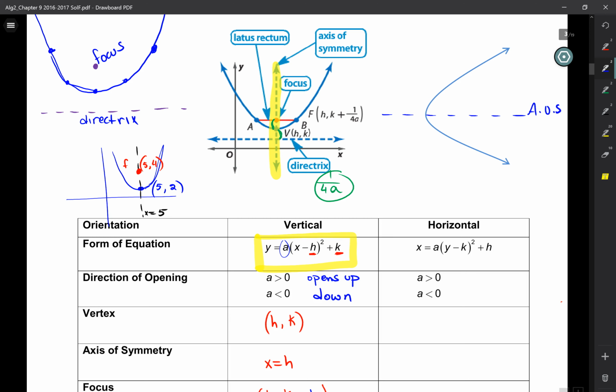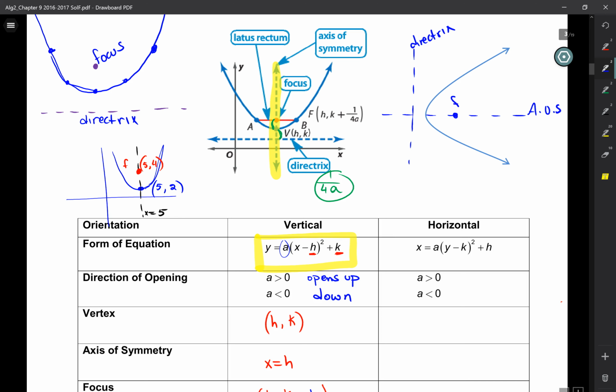So it's not going to be x equals, it's going to be y equals the number. And the directrix would be vertical, right? And where would the focus be here? It's always inside the parabola on the axis of symmetry. So there's one place for it to be. So focus would be here.